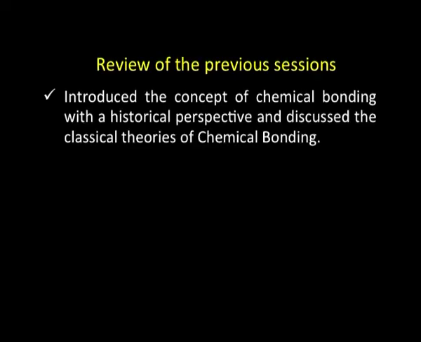So, with this outline, let us make a beginning by recalling what we have done so far in this series. We started by introducing the concept of chemical bonding with the historical perspective and discussed the classical theories of chemical bonding, wherein we talked about Kossel's theory and Lewis theory and things like that.